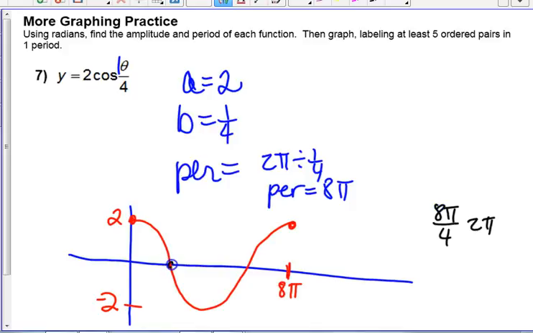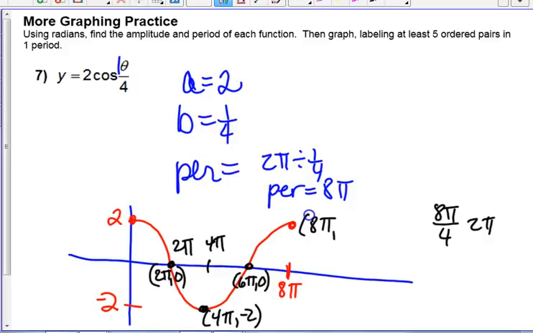So the first quarter point here is 2 pi. The next quarter point where it has a minimum is 4 pi, which is actually (4 pi, -2), because you do have to write the ordered pairs. This one would be (2 pi, 0). And what's this guy over here? (6 pi, 0) and (8 pi, 2). And I didn't label this one. It should have been (0, 2) if I wrote the ordered pair.